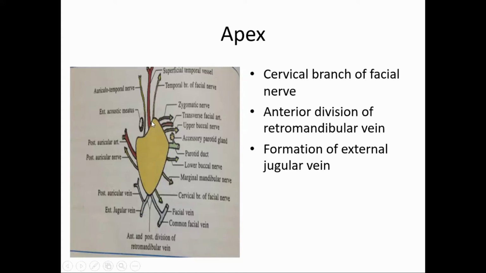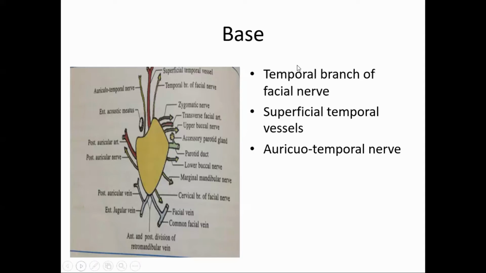Then the base. What are the relations of the base?